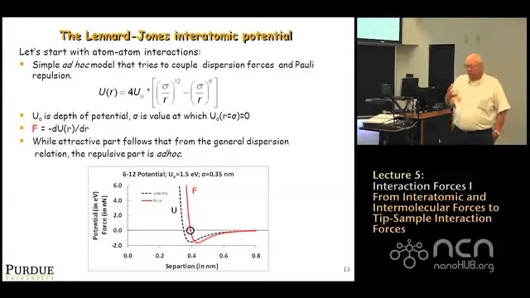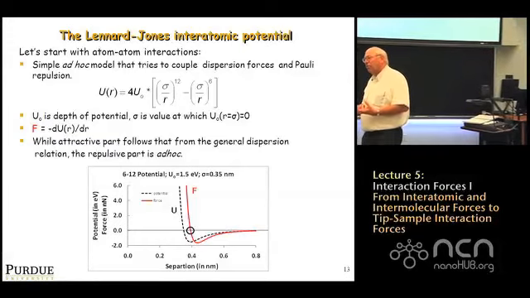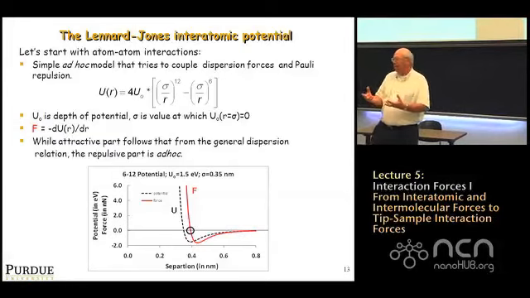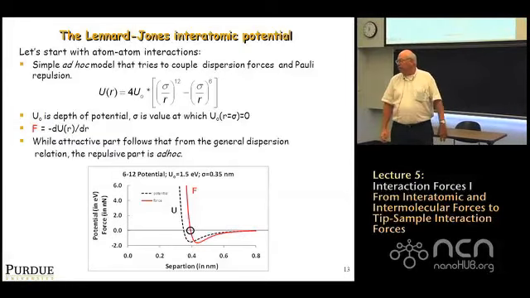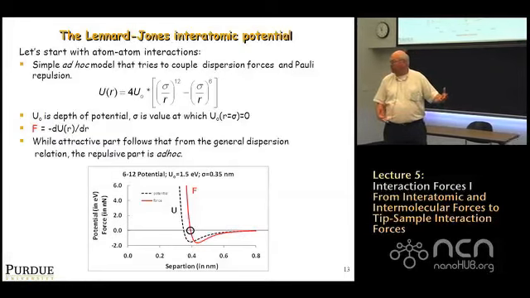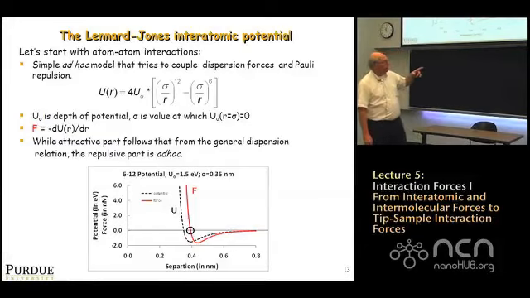The thing you've got to realize is that once you've got this interatomic potential, you can always find the force between the two atoms by taking a negative derivative of that potential with respect to R, right? That's the way electrostatics is set up. So if I take the derivative of U with respect to R, I get the force, and the force is indicated by the red line.